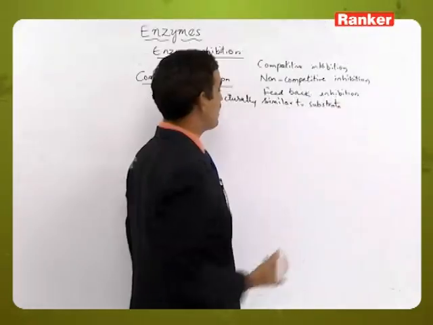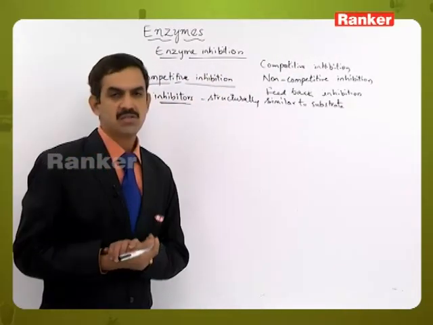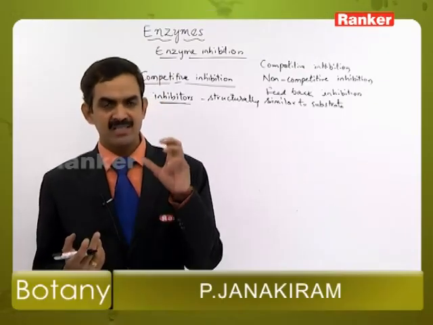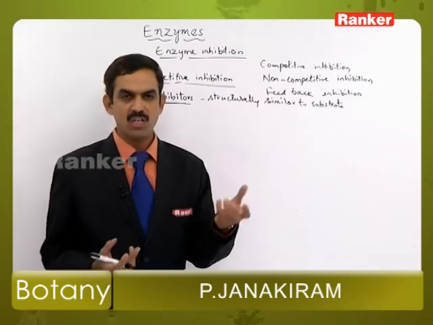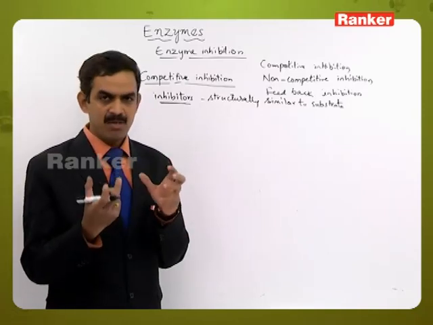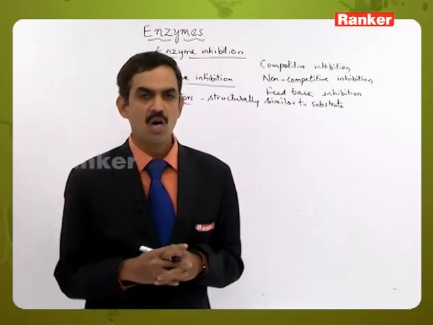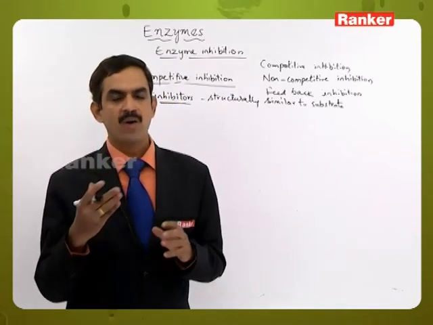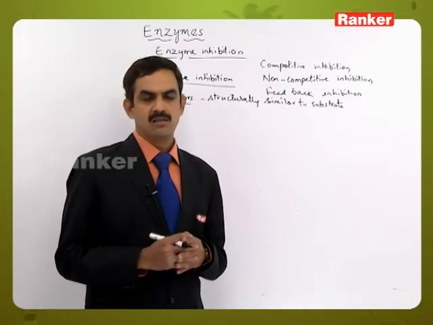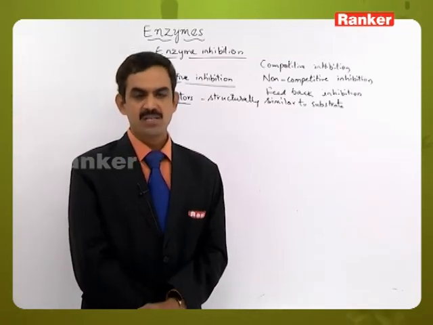As they are structurally similar, when the inhibitors reach the active sites of the enzyme molecule, the enzyme considers that as a substrate molecule and it will provide the active sites for that inhibitor. So once the inhibitor comes and occupies the active sites, the enzyme is not able to provide the active sites for the actual substrate molecule.